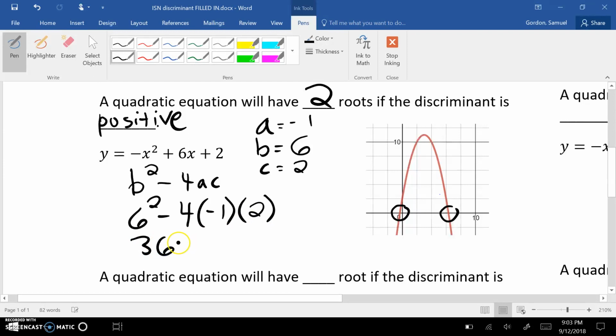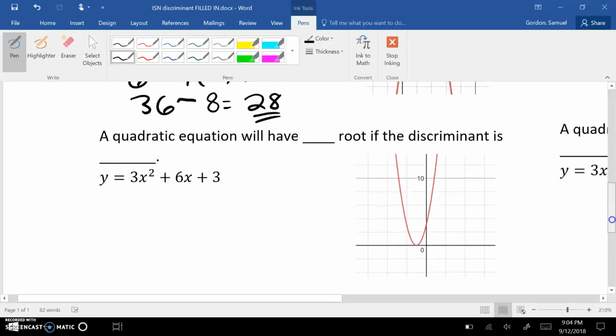That gives me 36 minus -4 times -1 is +4. And +4 times 2 is 8. So I get 28. I got a positive value in my discriminant. Therefore, I've got 2 roots to this, and there they are, the 2 roots.